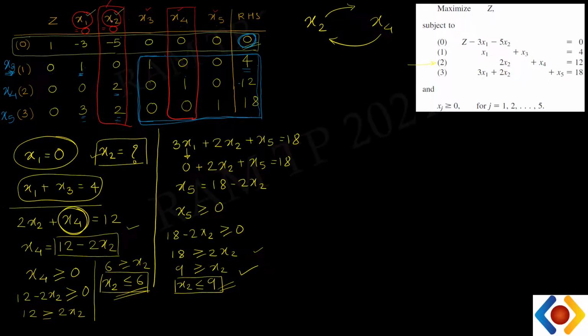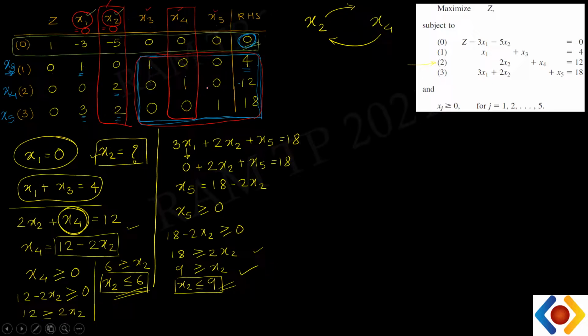I will repeat. As of now, what are the coefficients of x4? 0, 0, 1, 0. Because of this entire structure, I was able to directly say x3 is equal to 4, x4 is equal to 12, and x5 is equal to 18, because of this identity matrix here.